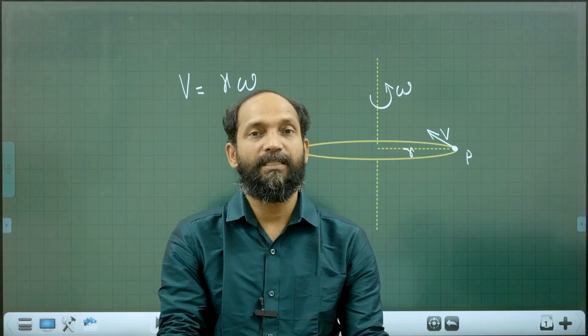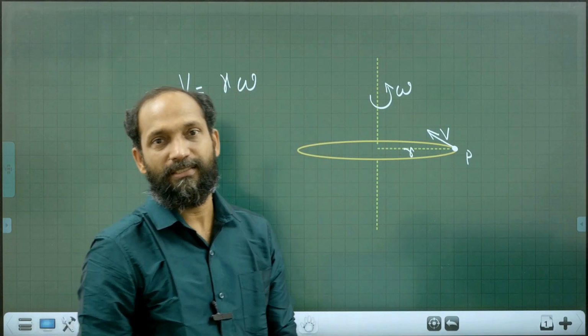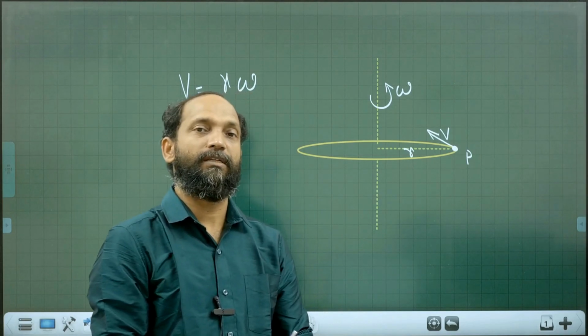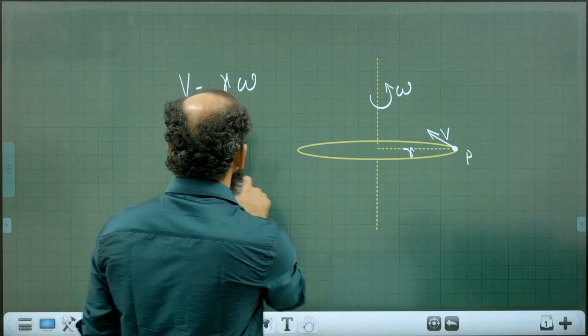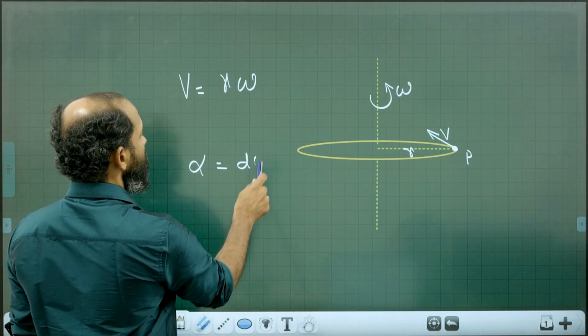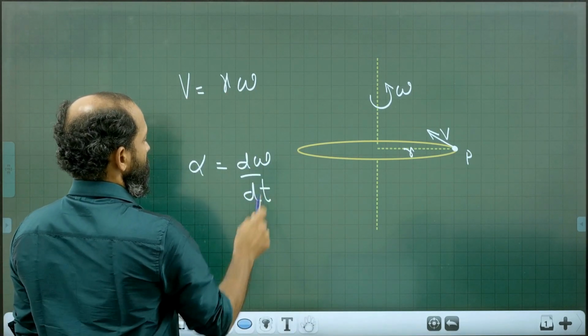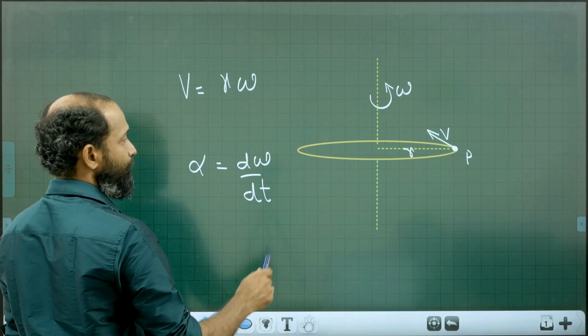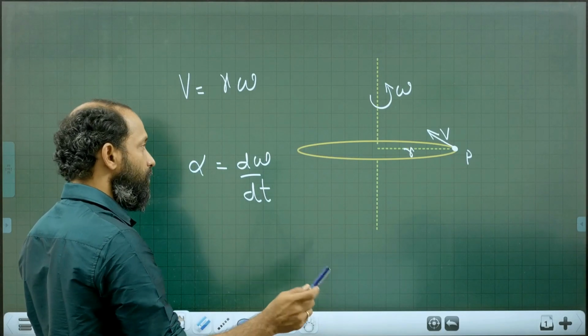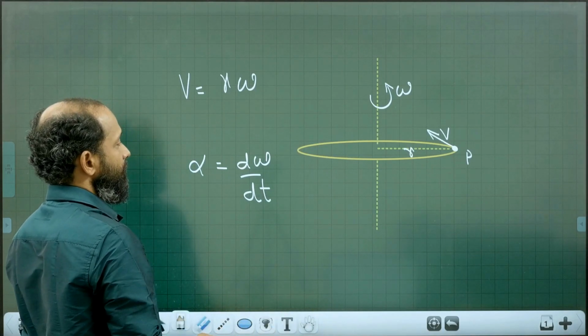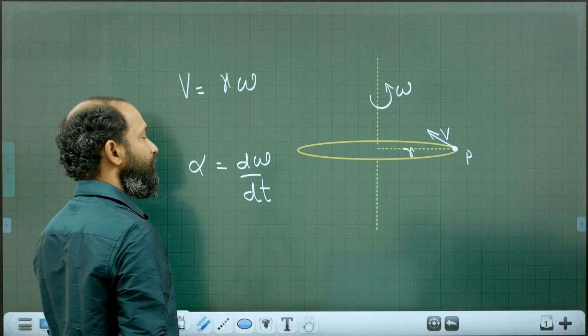The particle is acted upon by a net torque. If there is a net torque, there will be an angular acceleration. Angular acceleration alpha is equal to d omega by dt. If angular speed increases, the linear speed also increases, then alpha is positive.